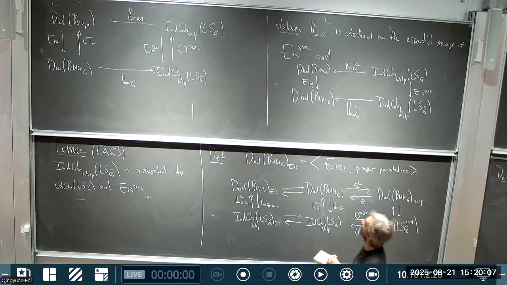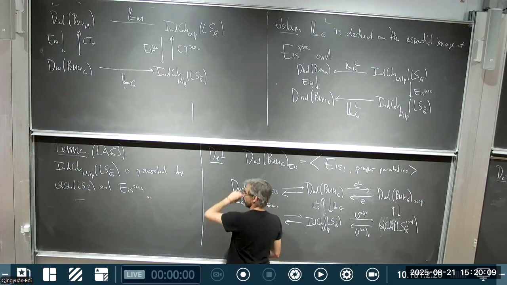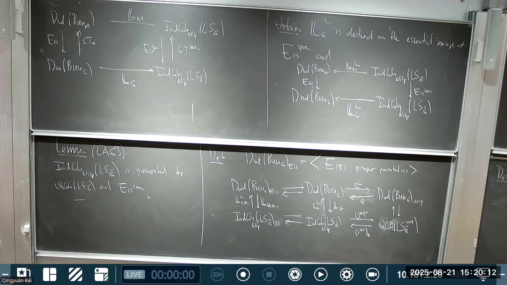Okay. Right. So, input geometric Langlands for proper Levi subgroups.